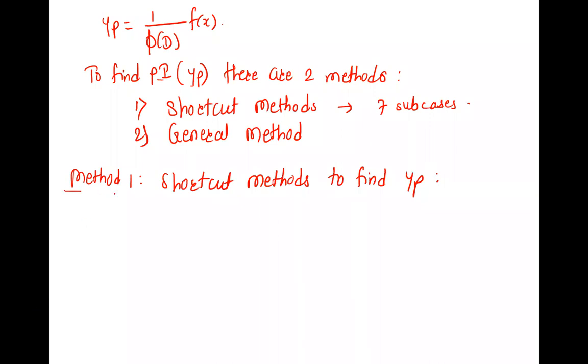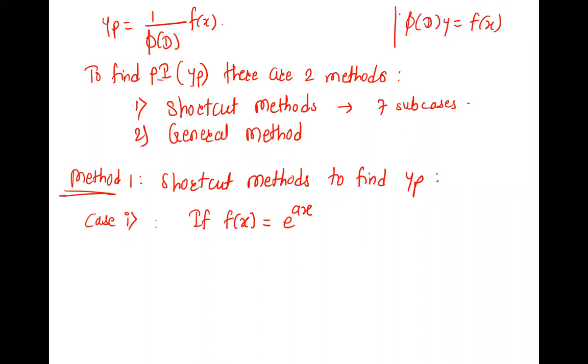Okay, so we have started with the first method. In that method, there are 7 subcases. So we go to case 1. Case 1 says, if your function f of x is particularly e raised to ax, where your equation is phi d y is equal to f of x, this is what your equation is.